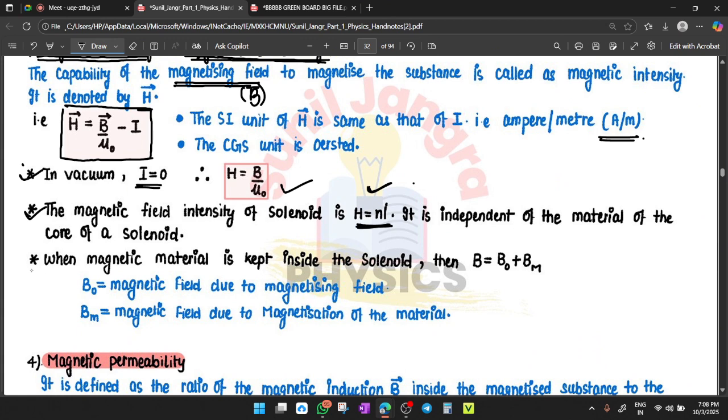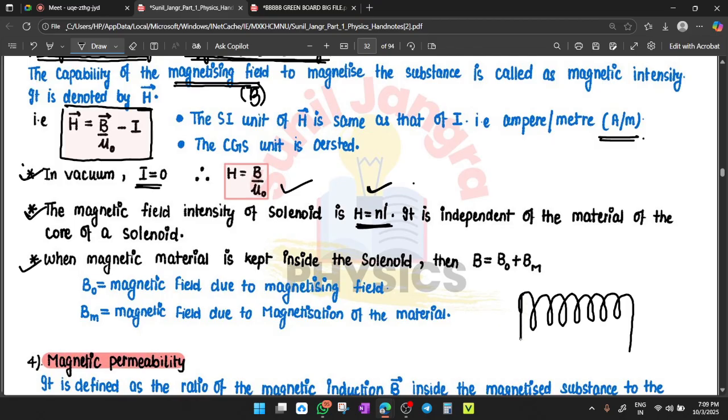Next, when magnetic material is kept inside a solenoid, you see here there is a solenoid. First consider the air core solenoid. This is an air core solenoid. Clear?